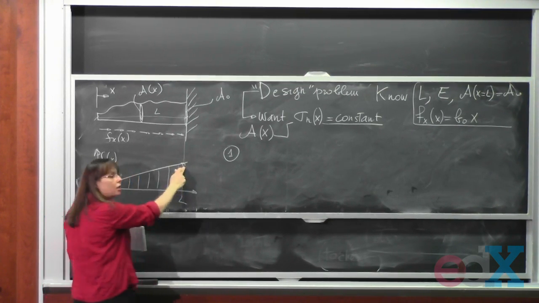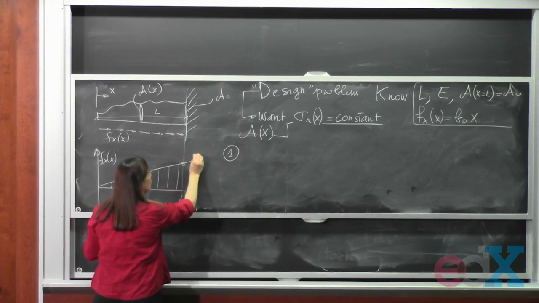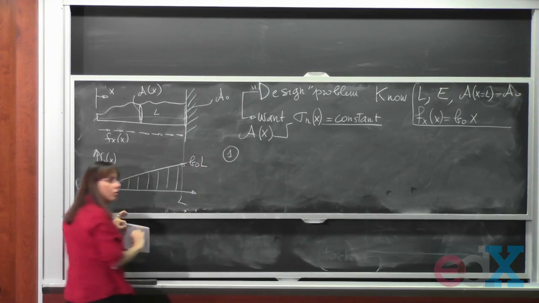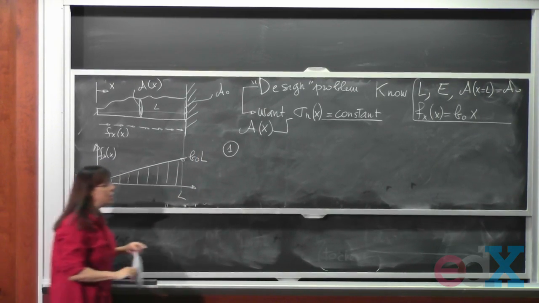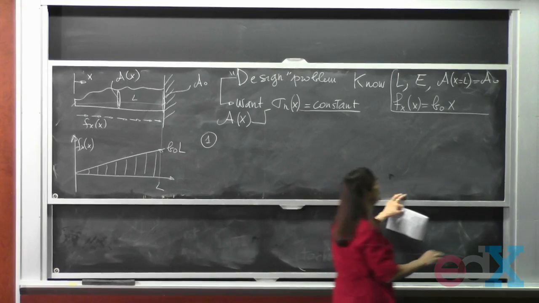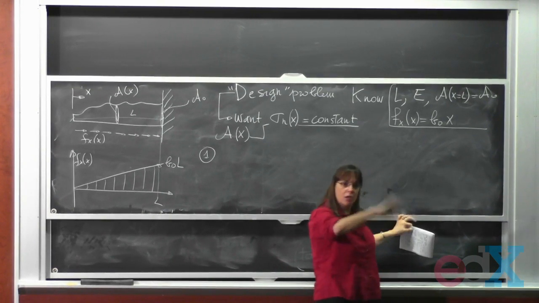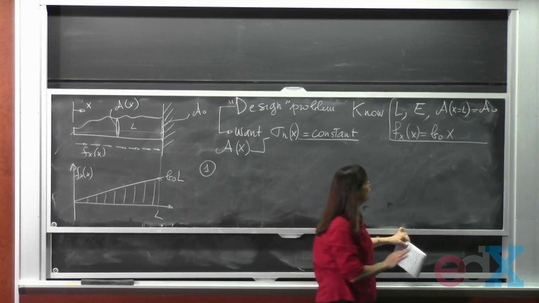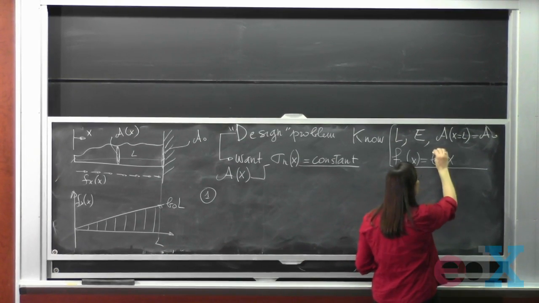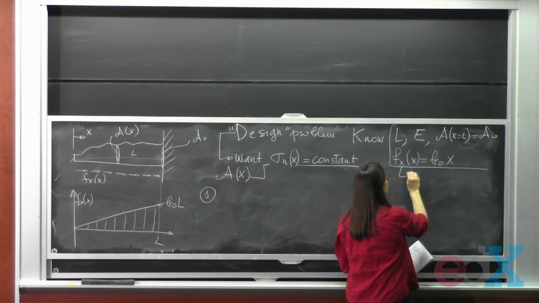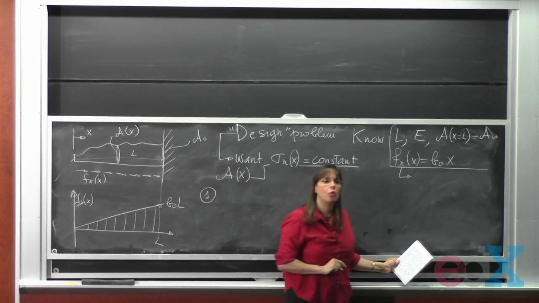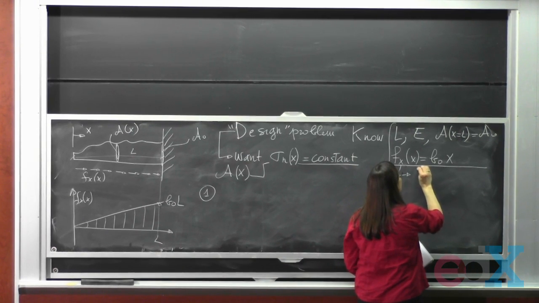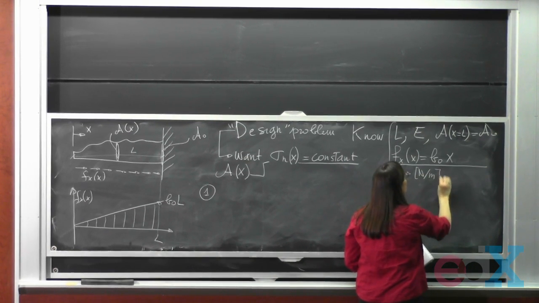What is the value here? B0 times L, right? So remember your units. We're going to talk a little bit more about units because when we did all our theory and equations last time, I did not talk enough about units. This is the distributed load. So what are the units for that? You guys are on top of it. Newtons per meter.